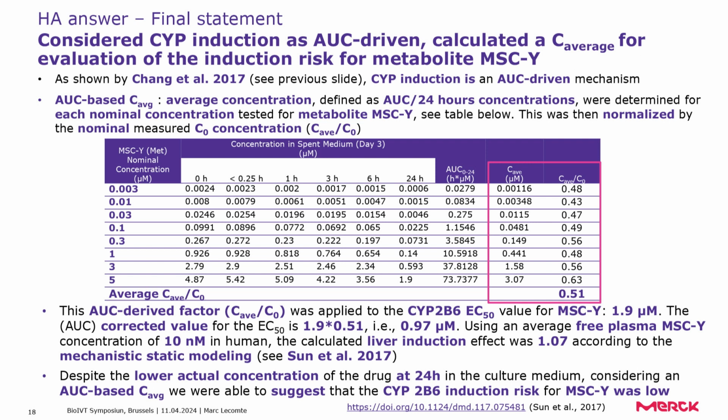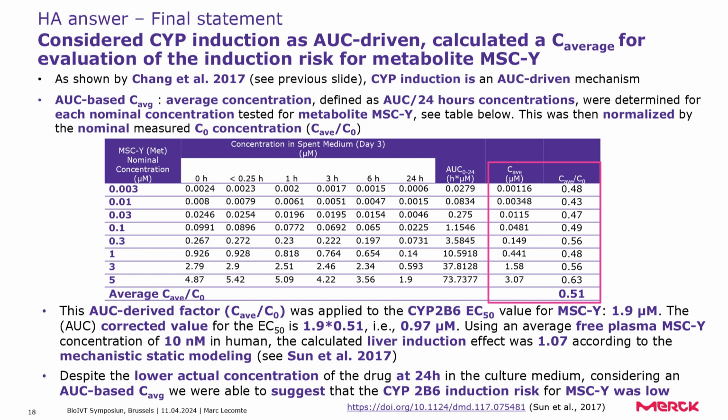So saying to the authorities, we are now deriving a C average, because we consider the CYP induction as an AUC-driven mechanism, and not only looking at the last 24-hour concentration. So then what we did is to apply this C average normalized by C0 to the C50 of 2B6 for the metabolite, which was 1.9 micromolar.